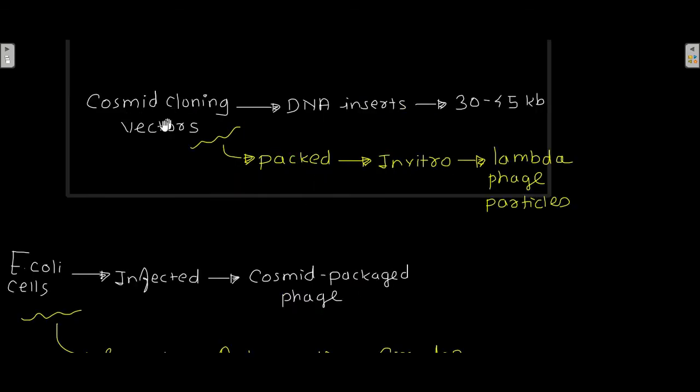Now, Cosmid cloning vectors with DNA inserts of about 30 to 45 kb can be packaged in vitro into the lambda phage particles. So you take a Cosmid, you insert a DNA sequence of about 30 to 45 kb in it, and that Cosmid cloning vector then is packaged into lambda phage particles.